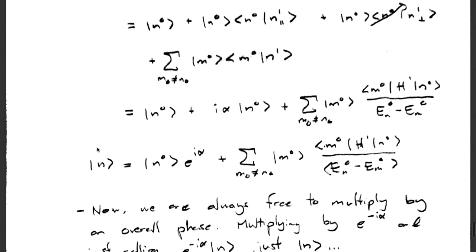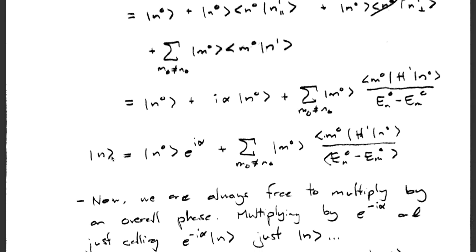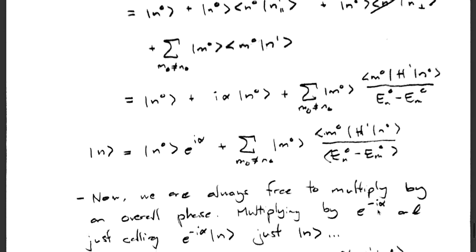So this is the guy that we're after, the full eigenket. But it doesn't matter if I multiply it by an overall phase, because all we care about are probabilities and not screwing up things like normalizations. If I multiply this by a pure phase like this, it's not going to screw up anything, because when I take the sandwich, say n with an n bra, the n bra would come with an e to the plus i alpha, and they would cancel each other off.